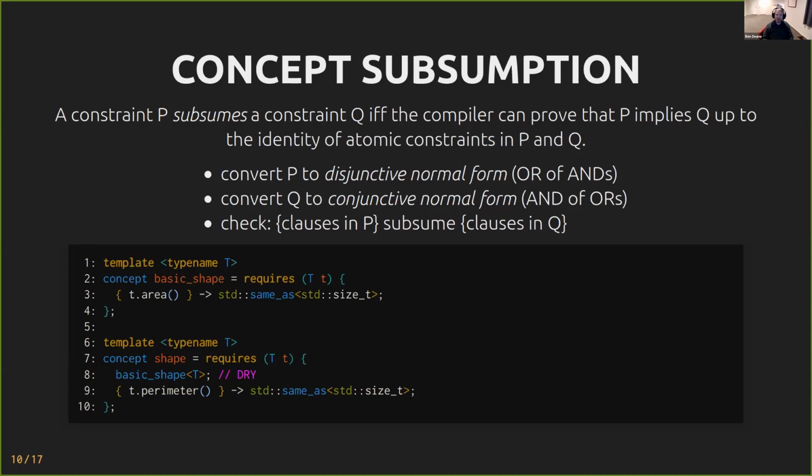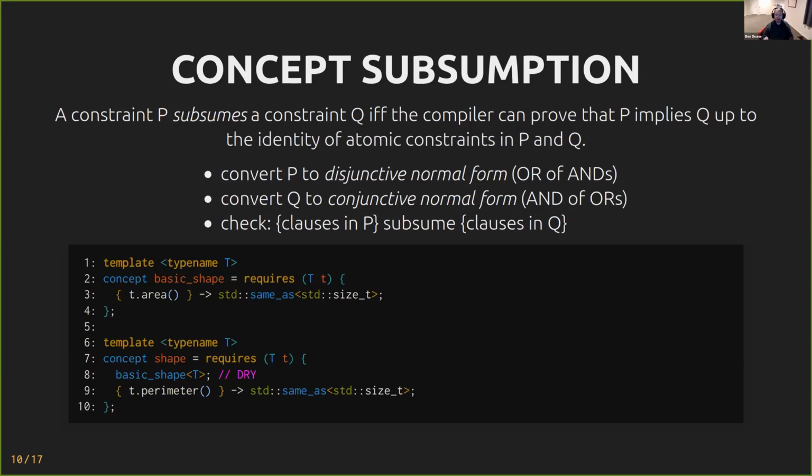So formally, a constraint subsumes another constraint if and only if the compiler can prove that the first implies the second, up to the identity of atomic constraints. And that's kind of an important part. The compiler converts one constraint to what's called disjunctive normal form and the other to conjunctive normal form, and then basically checks that the set of one clauses subsumes the set of the other clauses.